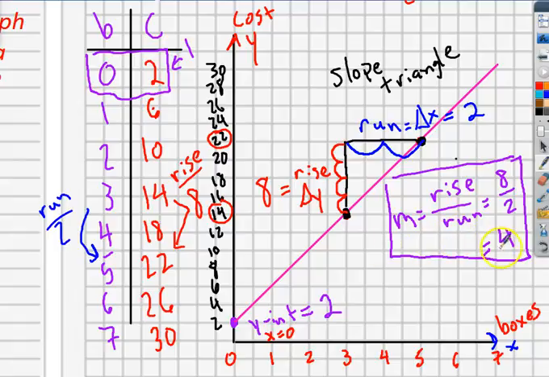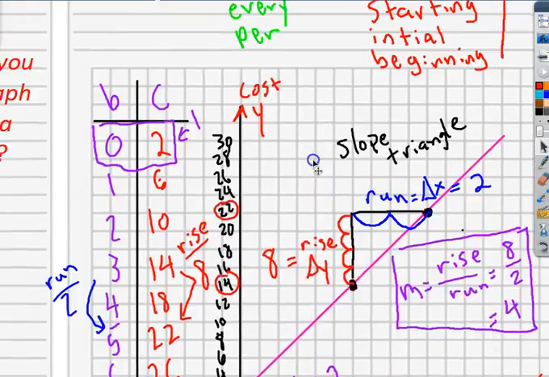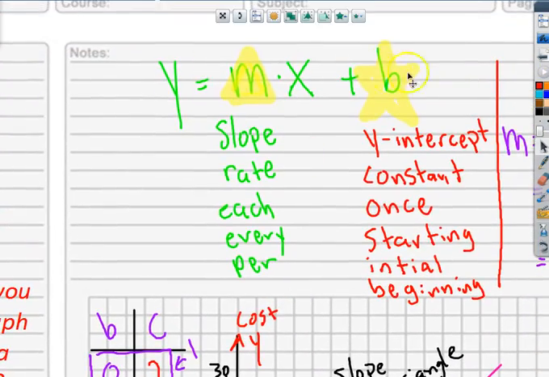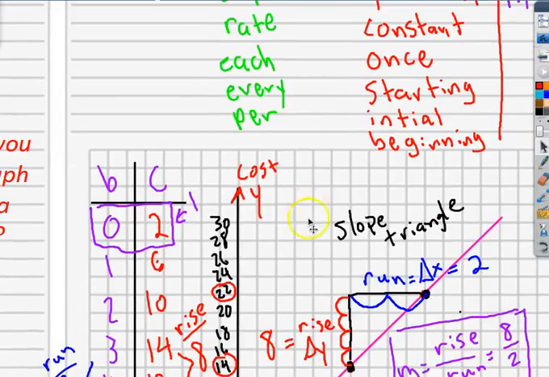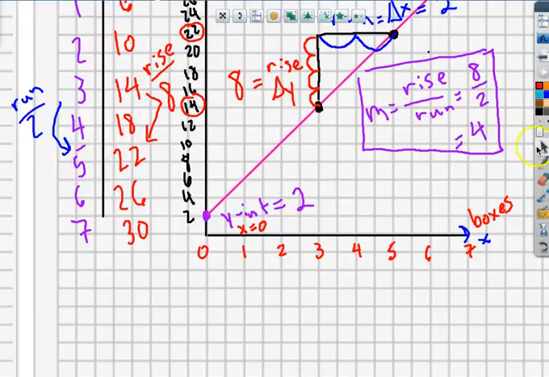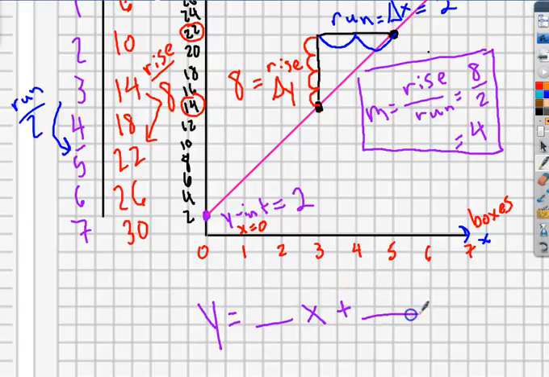So I know that the slope was 4 and the y-intercept was 2, and that means that instead of just using my common sense brain like I did on the last page, I can fill in my equation here. The y is equal to the slope times the input plus the y-intercept. I know that the slope was the rise over the run, and I know the y-intercept happens down at the bottom. That means I can write an equation without filling in the process column. y equals blank x plus blank.